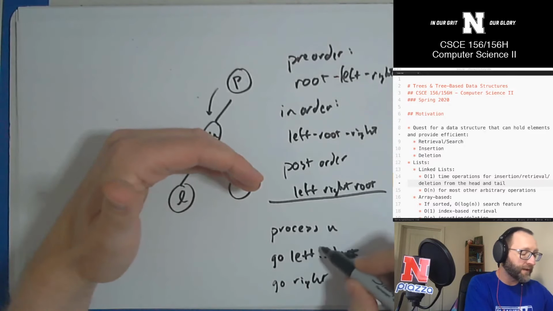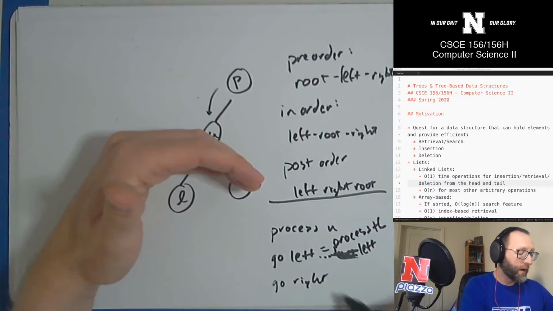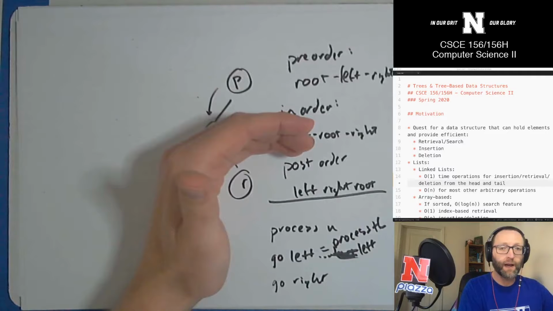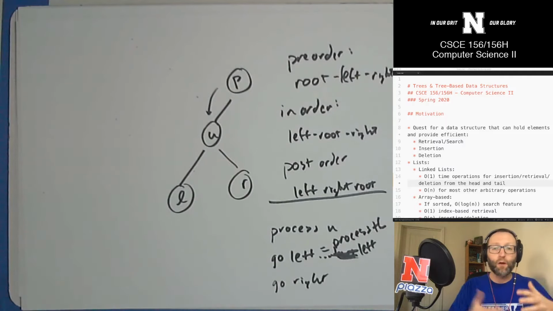So going left means process the left subtree. Right? Go right means process the entire right subtree. So this suggests an easily recursive algorithm where all you have to do is three things. You have to process the node, go left and process that entire subtree. Then after you're done with that, go right and process that entire subtree.